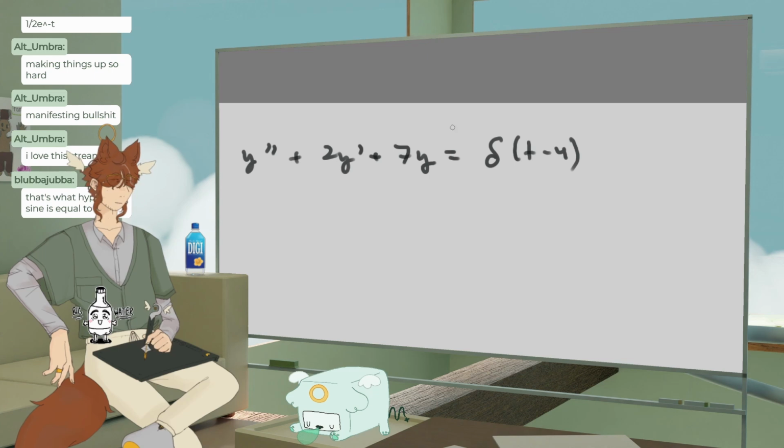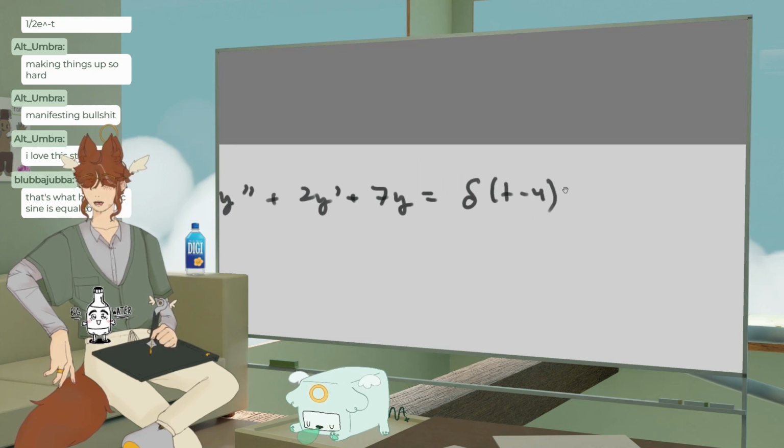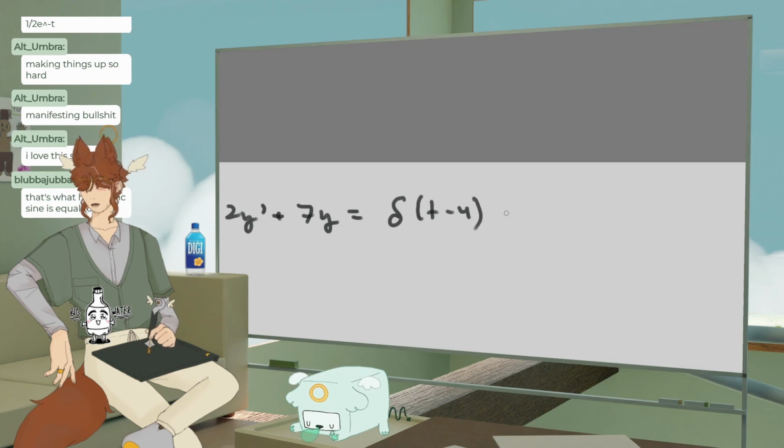He was like, y prime plus, equals delta t minus pi over 2, and everyone went, oh, and then he went, oh wait, no, t minus 2, and everyone went, yeah, and my professor was just losing it. He was like, guys, you know that doesn't make the problem any different at all. It's literally just e to the negative 4s if it's that. He was losing his shit. He's like, look at this mad lad, he's doing pi over 2. Come at me, bro. I was like, yeah, dude, that's so funny.